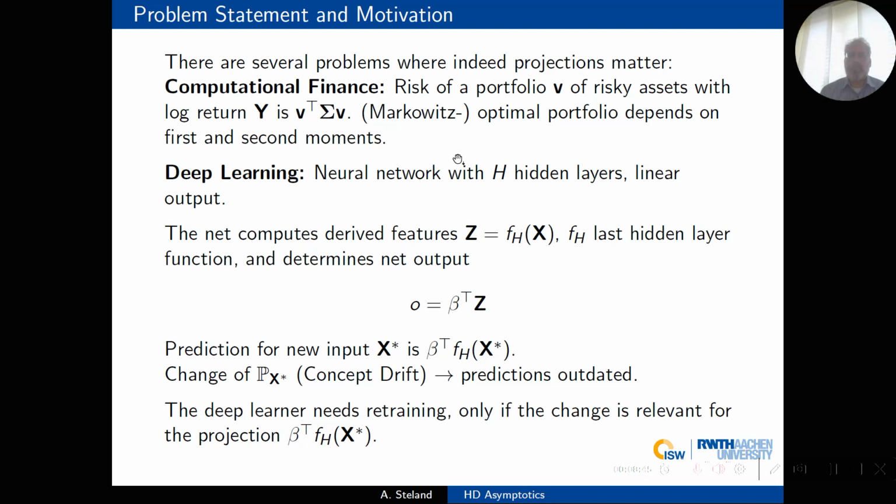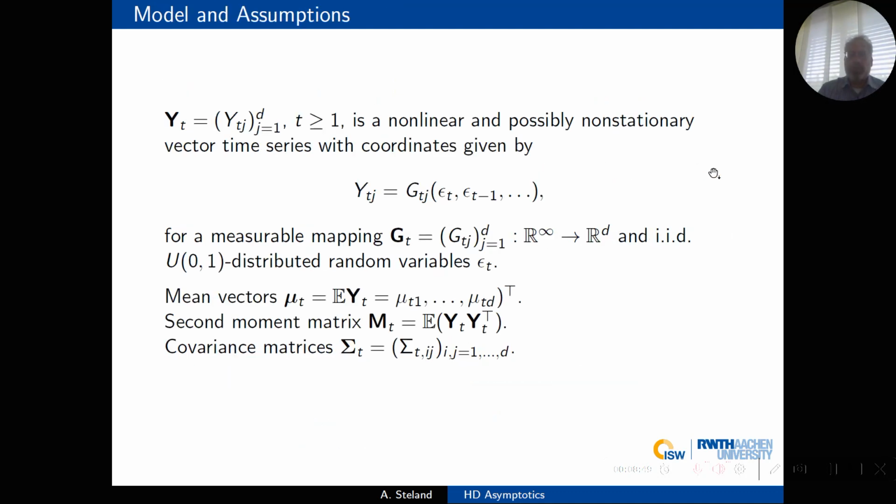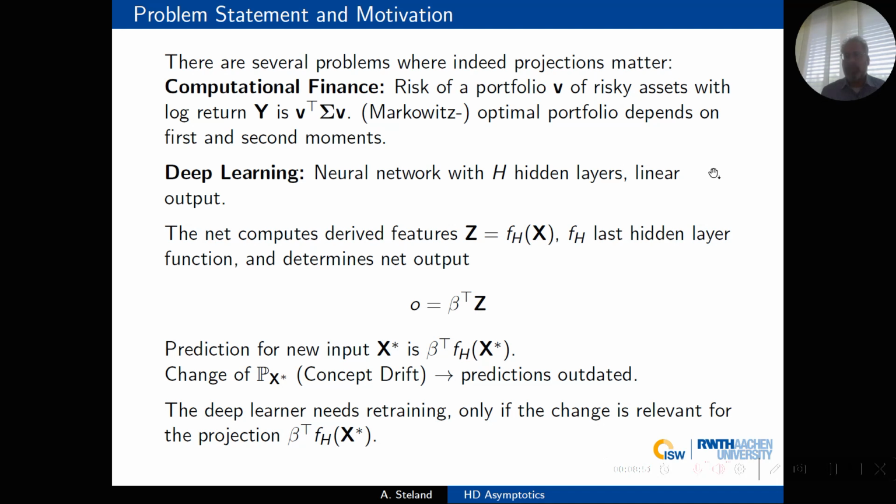And now the second application and motivation, which I already mentioned, and which is to some extent the second major point of my talk, is the application to deep learning. Say we have a neural network with hidden layers and a linear output. So what does the neural network compute? The net computes derived features, say Z, at the last hidden layer.